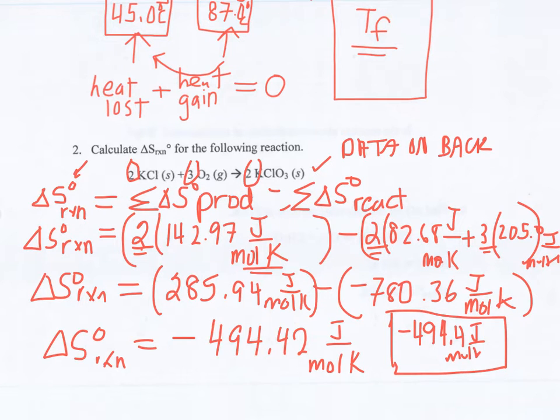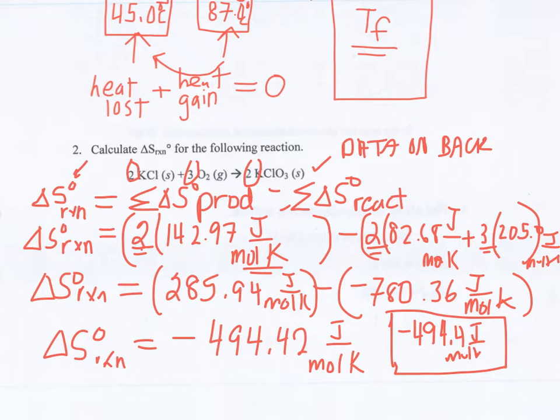Okay, so in taking a look at this, you want to ask yourself, does it make sense that the entropy decreased in this reaction? And this is where having the phases identified for the reactants and products is very important. If you go back and look at potassium chloride, it's a solid, so very little entropy in a solid. It is, however, reacting with 3 moles of oxygen gas.